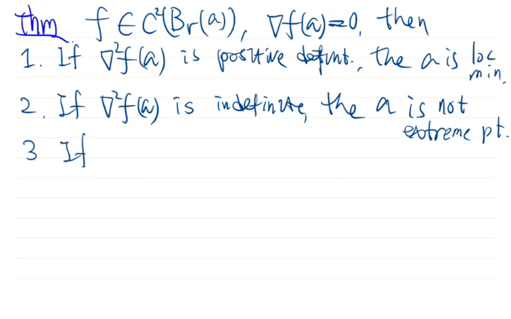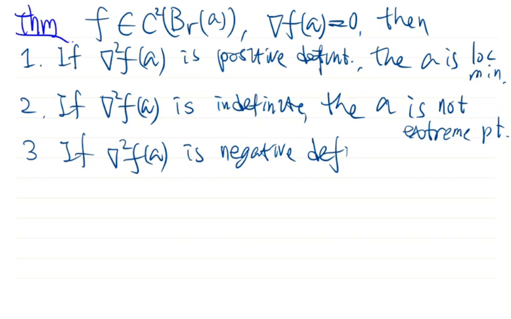Finally, if the Hessian is negative definite, then A is a local maximizer. Okay, so this is a very clear picture of how to determine whether a critical point is an extreme point.